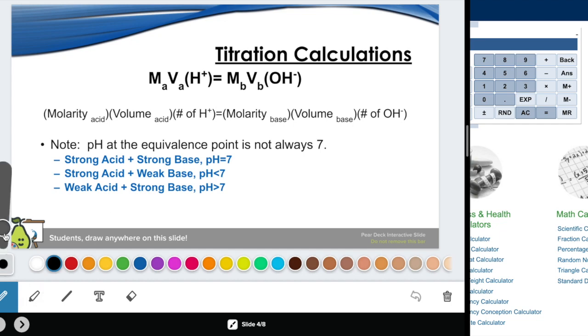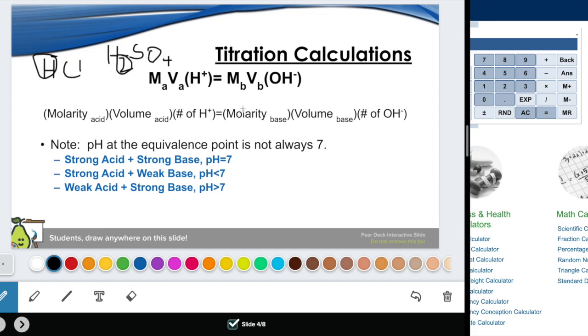A lot of times you'll see acids with just one H. For example, we have HCl, and in this case of HCl, we only have one H. But not all acids work like that. You have some acids like H2S or H2SO4, and in this case, we would have two H's.